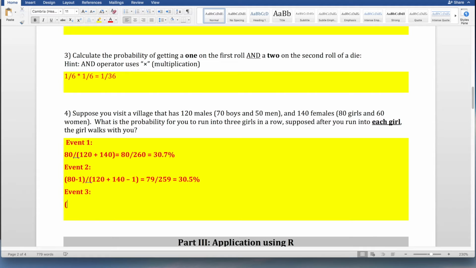So what we will do is 80 minus 2, because there are 80 girls minus the 2 who are walking with us, and then the same with the 120 males plus the 140 females minus the 2 girls that are now walking with us. So simplified, this would be 78 over 258 to give us a probability of 30.2%.